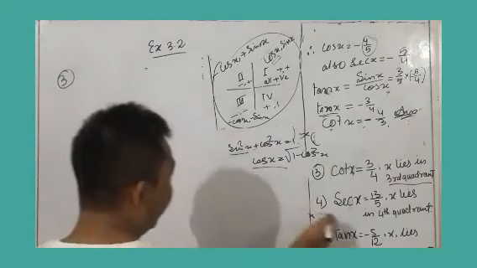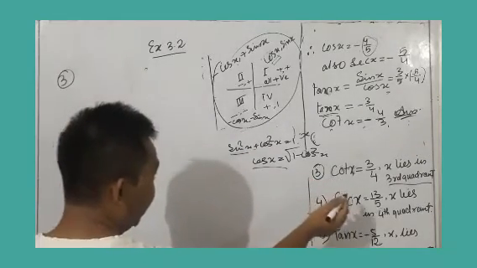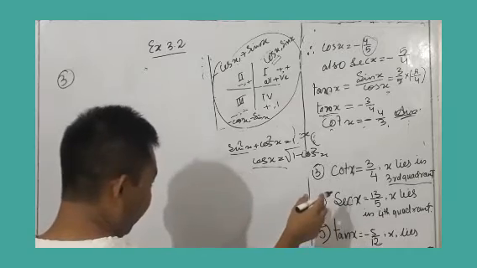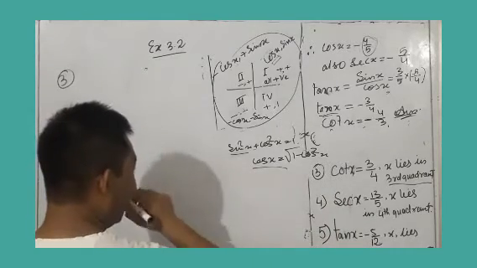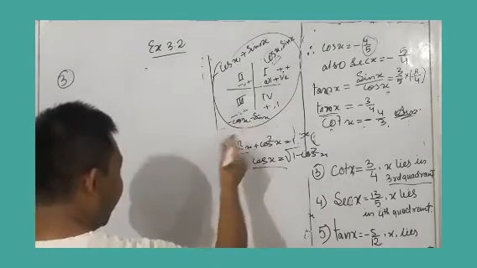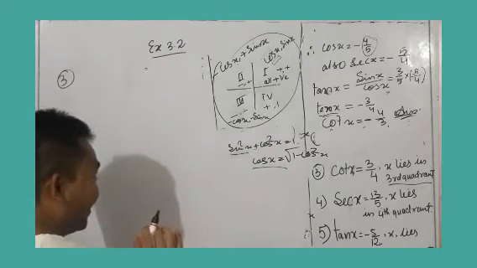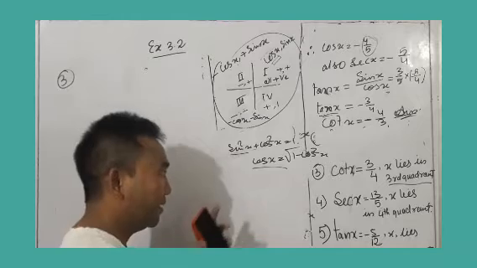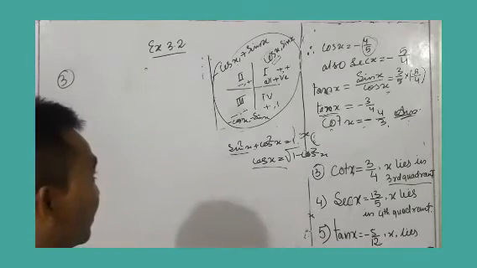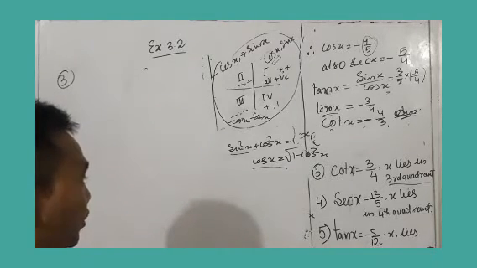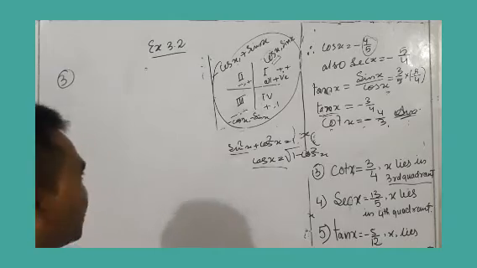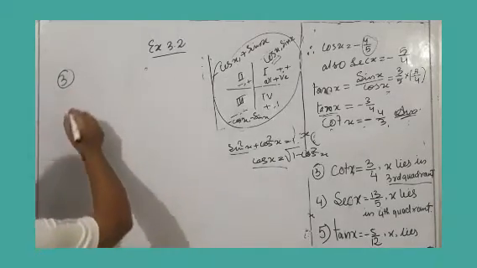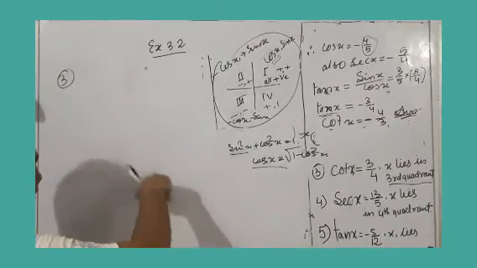In third quadrant. See, if sin x and cos x are both negative, then what will be positive? Tan and cot will be positive. Correct? Okay.